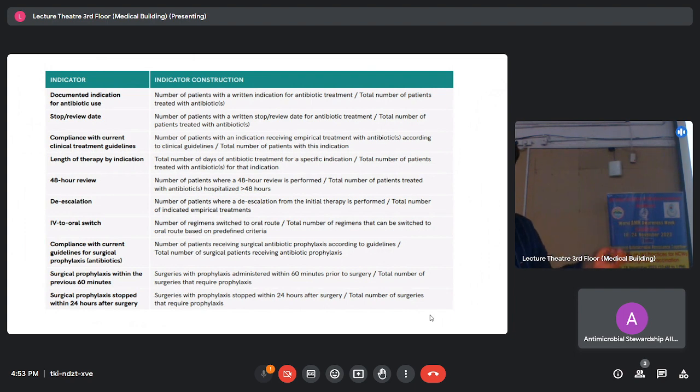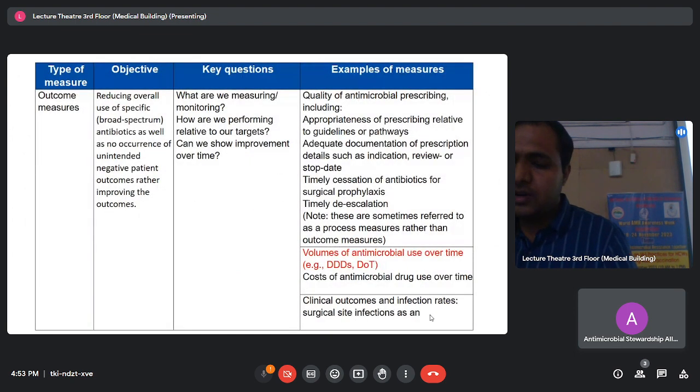This is not an exhaustive list; there are many more indicators. These are just some examples. This was to assess what we have been doing. Then, whether the interventions are working and not causing any negative patient outcome. They should not be at the expense of patient recovery. For that we have the outcome measures.